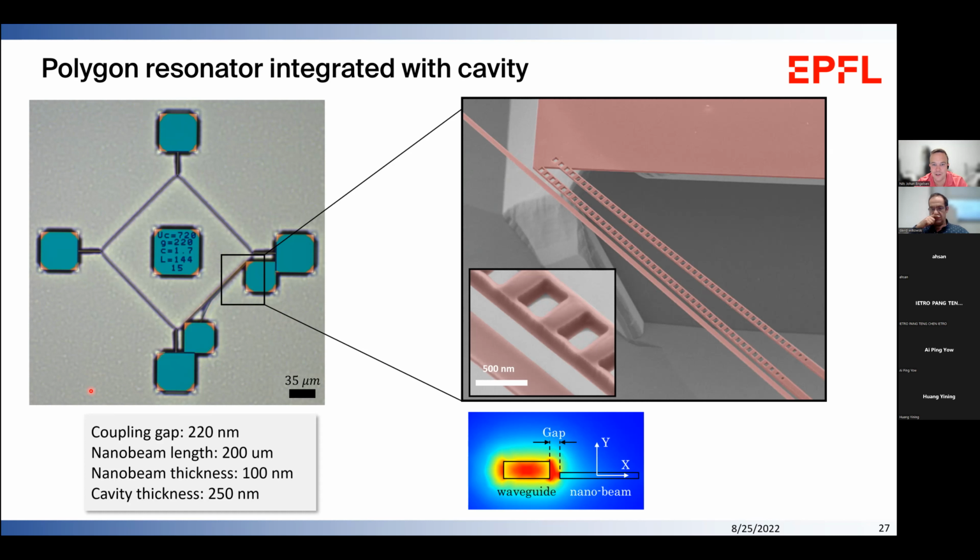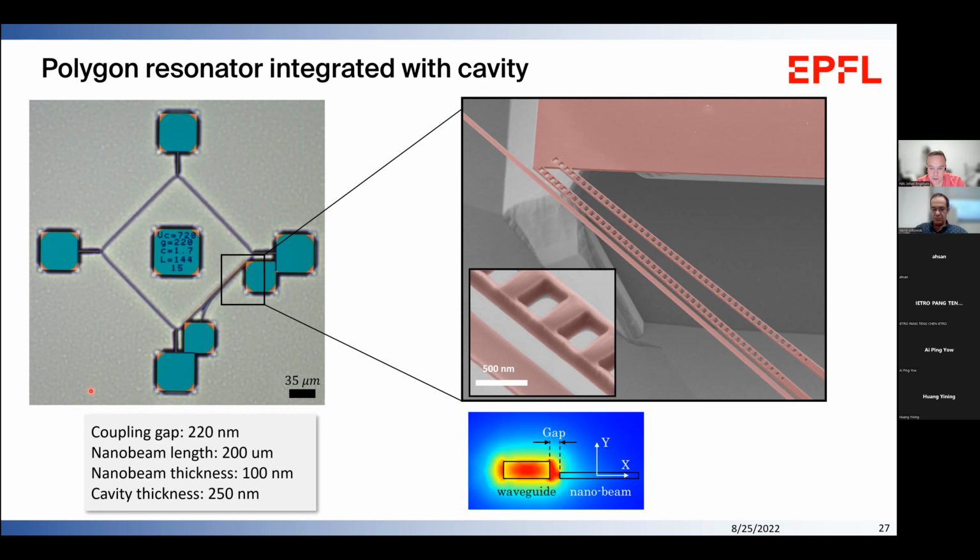Otherwise, it's not really an oscillator anymore. And this sets a requirement on the QF product of the resonator, which is actually quite stringent. It was only 10 to 15 years ago that someone made a resonator that satisfied this requirement at room temperature. The resonators we make very well satisfy this requirement.